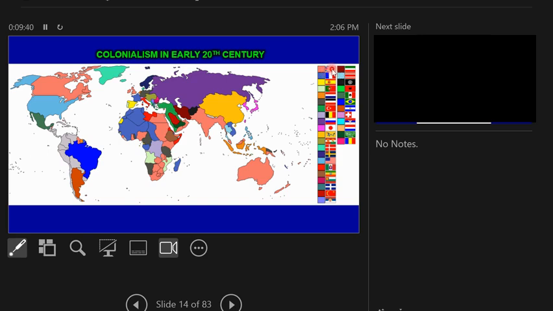So, for example, England right here, everything that is associated with England is this peachy color. So Australia, India, all these parts of Africa, Canada, at the beginning of the 20th century, that was all under English rule. And so I've told you before that the sun never set on the English Empire. One of the reasons to have all of these colonies is to get the resources so that you can build in your factories.